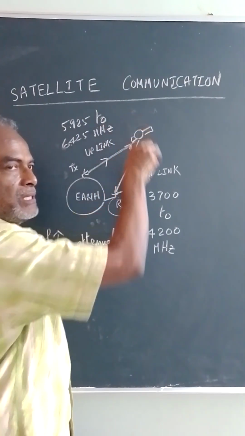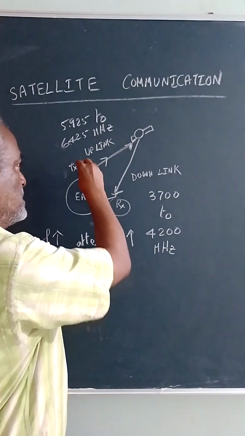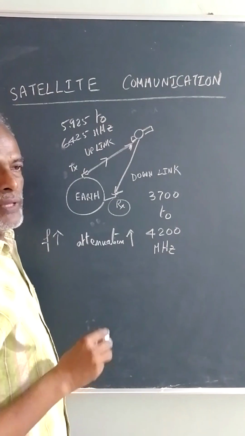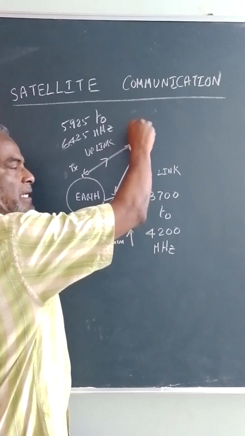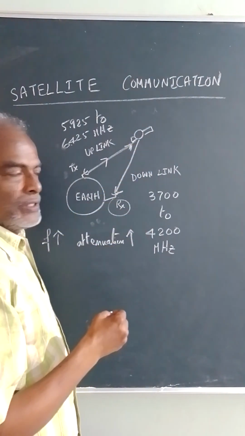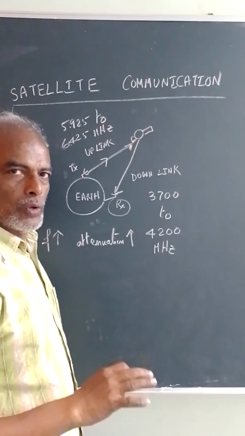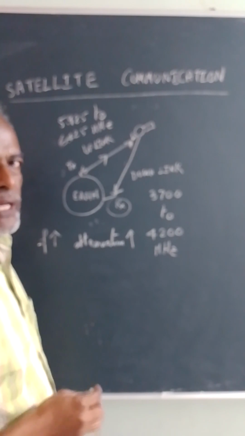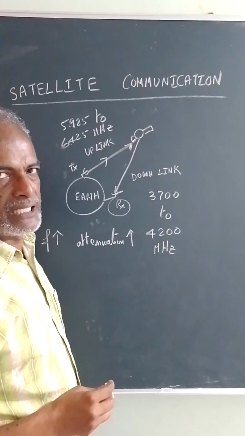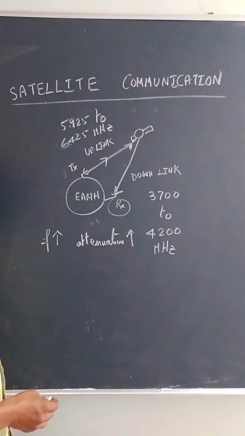The power availability in the satellite is less when compared to the base station. Therefore, after recovering the incoming signal, it has to retransmit. Here the frequency is low, therefore the attenuation is low, therefore the signals can very well travel to the receiving end without any disturbance. That's why uplink frequency is always greater than downlink frequency.